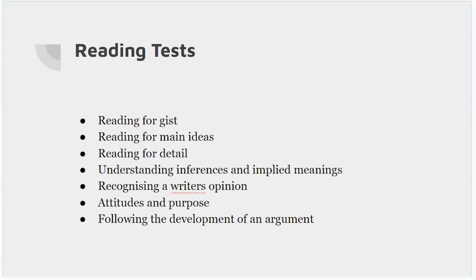That is what we call reading for gist. The second one is reading for main ideas. Another purpose of reading is to grab the important ideas or notes. And the third one is reading for detail.